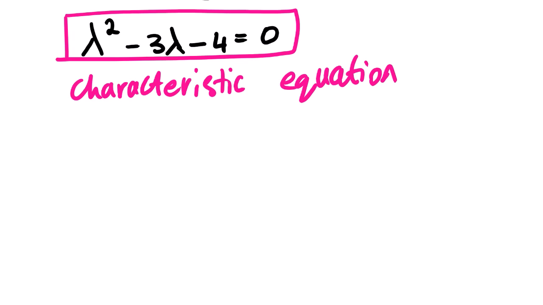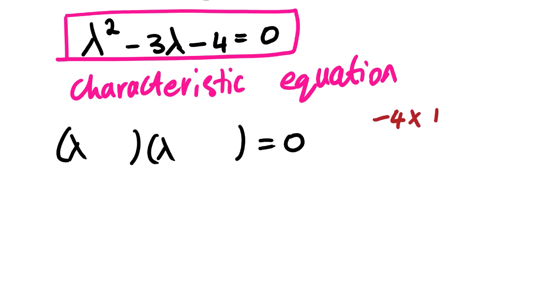Now in this case, let us factorize. Let us find the factors of -4 and -3. Two numbers you multiply, they give you -4. You add them, they give you -3. So you have -4 multiplied by +1, it will give you -4. -4 plus 1, it will give you -3.